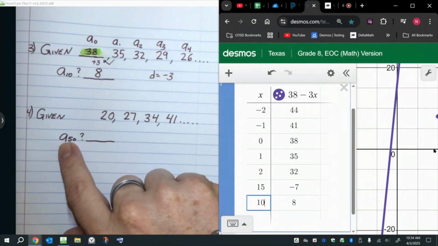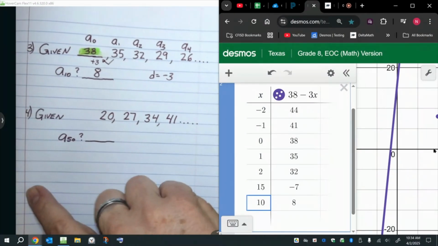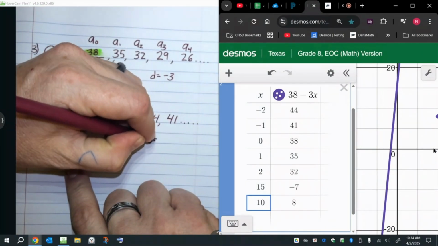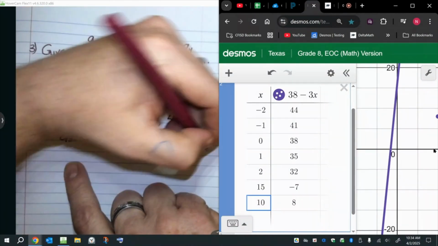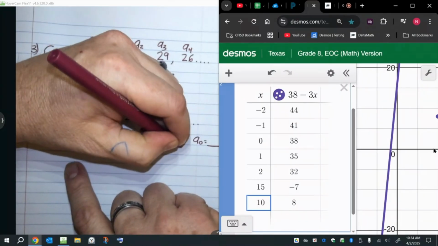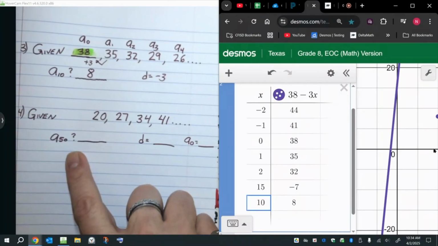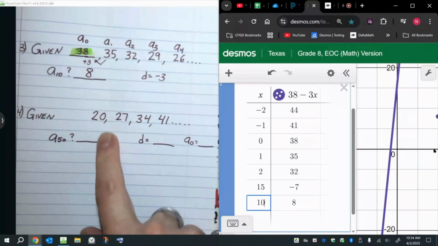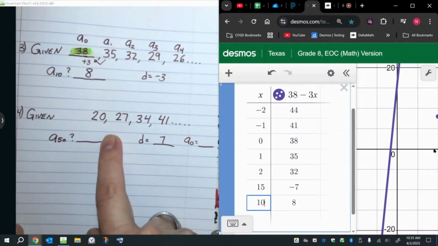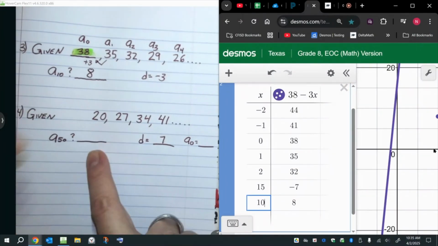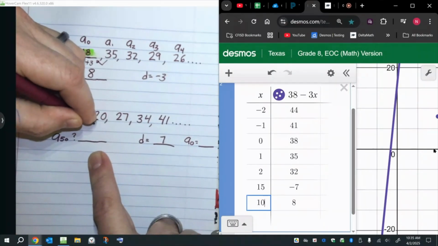All right, what is a sub 50? Well, for this one, we need to do the same thing. What does d equal? And then what is a sub 0? I need to find out those things in order to answer this. So d is equal to, what am I doing each time? Looks like I'm adding 7, right? If I'm adding 7, then what would a sub 0 be if I were to subtract 7 to get here?